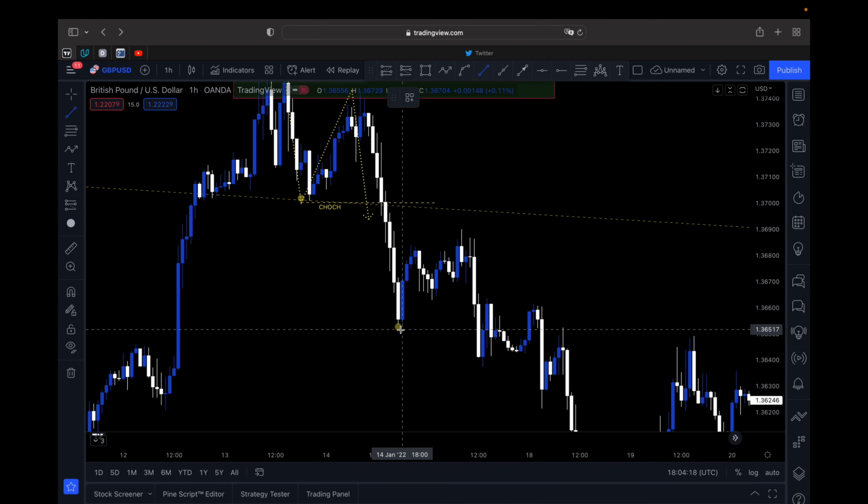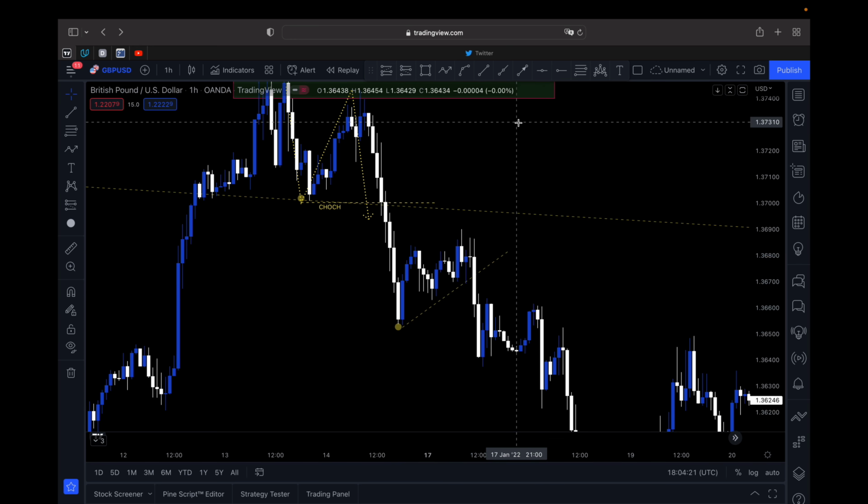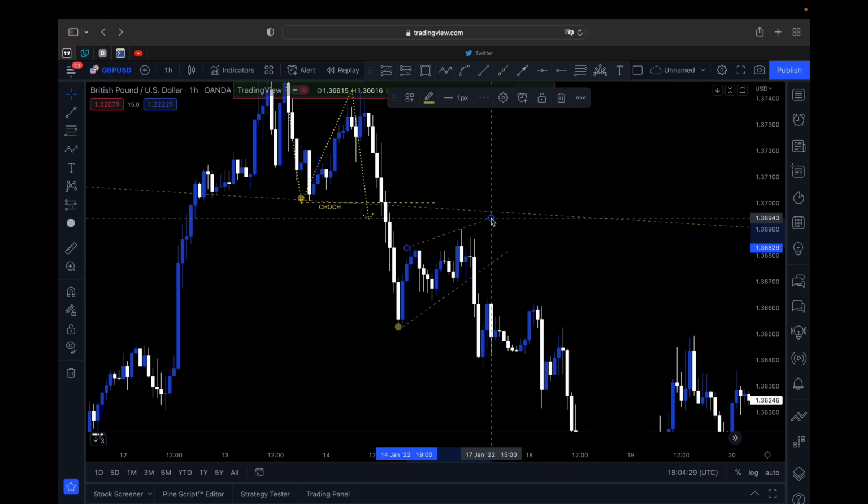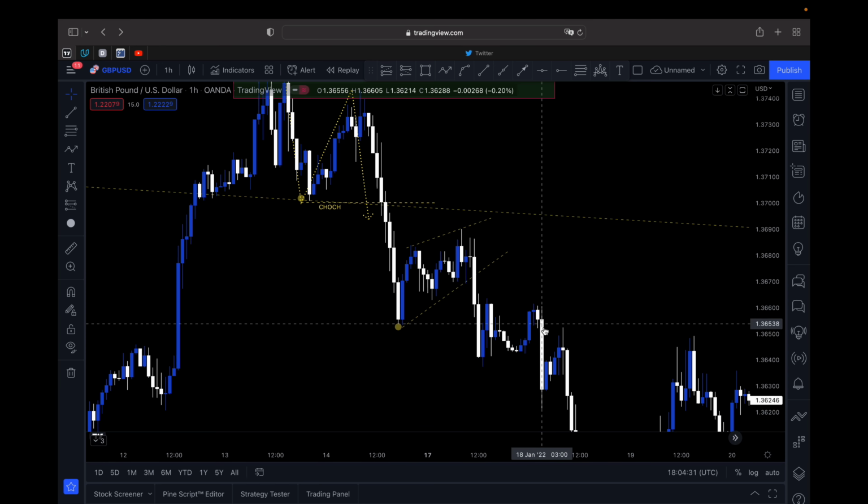You can call it a bearish flag or a bearish pennant or a bearish triangle, whichever name you want to give it. I think this is more of a flag. So price formed a bearish flag.